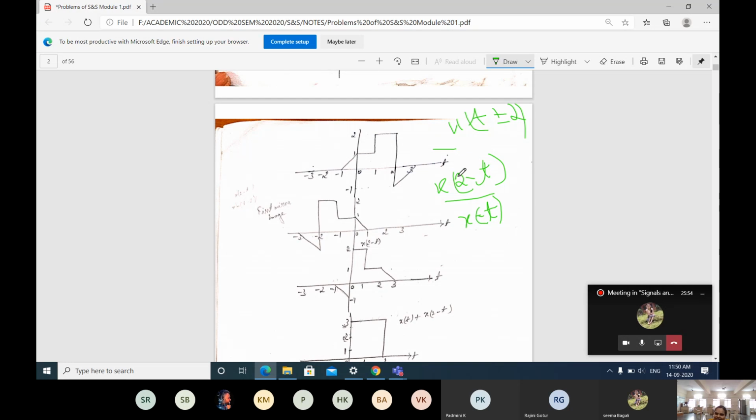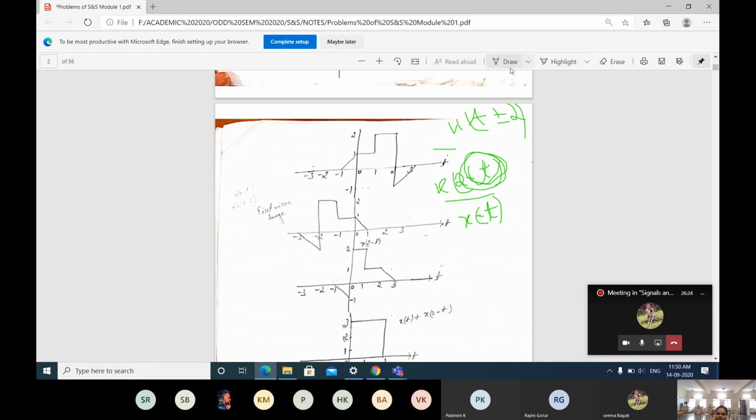For that reason, when the signal is given as minus t, first we have to go for the reflection of x of t. That's what I have done here. Observe here, for that reason I gave a hint here. First go for the mirror image. For a given function, first we finish the minus t function.